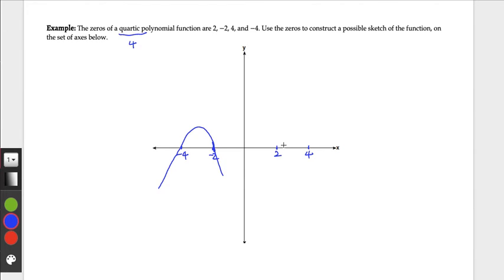Next I need to pass through this. I'm going to draw down and then go up. This time I'm going to go up and then down again. If you want to go very tall and come down, it's actually possible because we have only zeros here. So that's all we can predict. Okay, so that's one possible sketch.